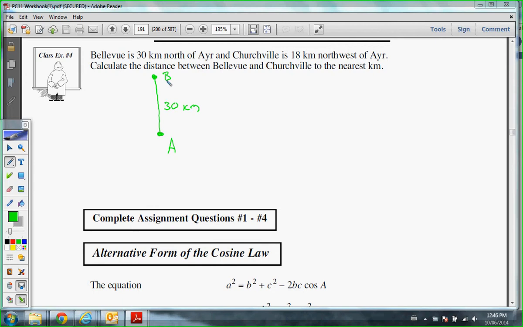Churchville is northwest, so we're going to go about a 45-degree angle, and it is 18 kilometers. And this is Churchville.